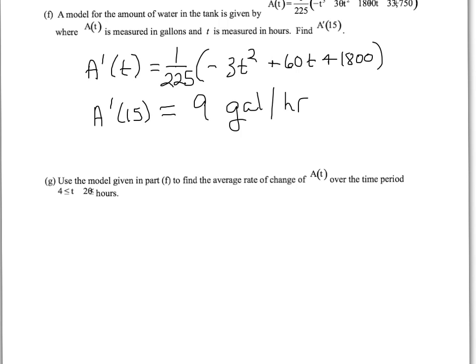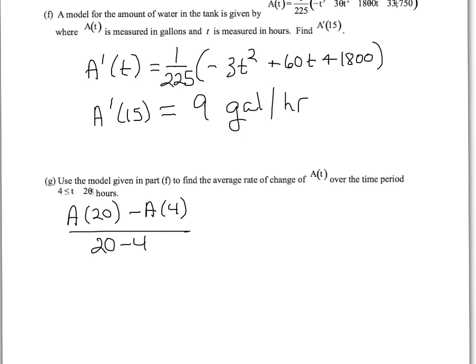Average rate of change: it's going to be A of 20 minus A of 4 over 20 minus 4. If you see rate of change, think slope formula. Average value is integration. Average rate of change is slope formula. And for average rate of change, you don't use the derivative function, you use the original function.